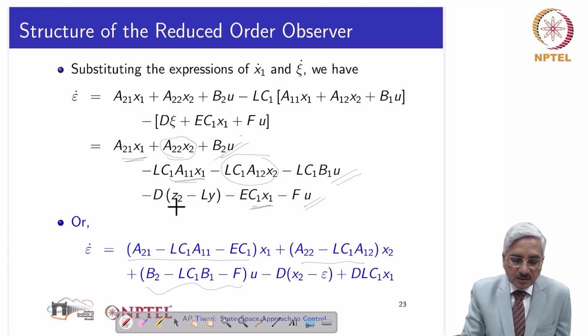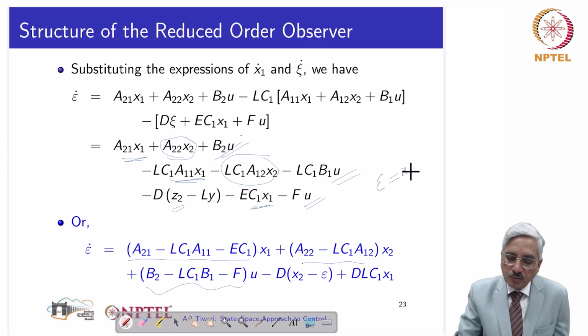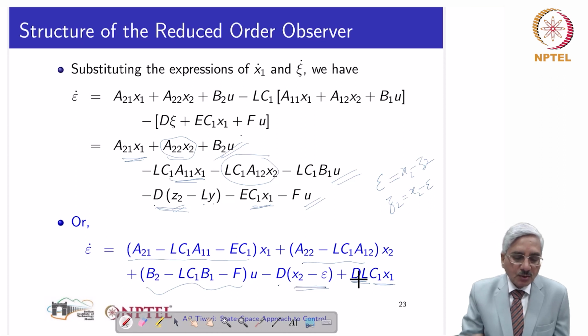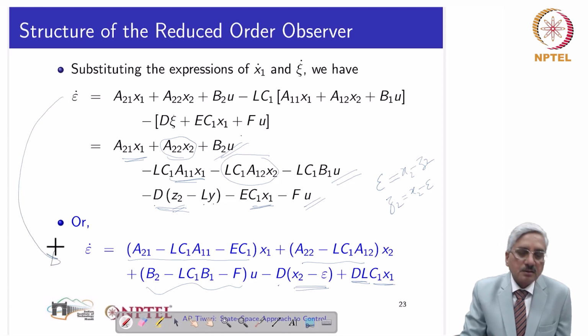And this z2 is because the error epsilon is x2 minus z2. So z2 will be x2 minus epsilon, which we substitute here. Dz2 is D into x2 minus epsilon, and DLy, y is c1 x1. So that substitution is done. So this equation becomes like this.